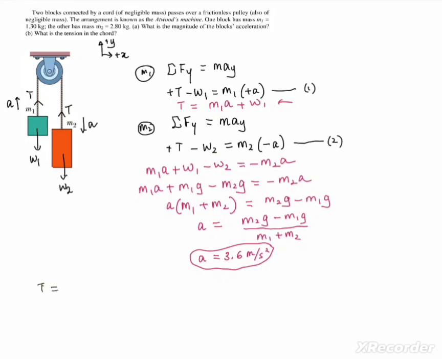We have T equals m1a plus w1, which is equal to m1, which is 1.3, times acceleration, 3.6 meters per second squared, plus w1, which is m1 times g, so we have 1.3 again times g, which is 9.81 meters per second squared.